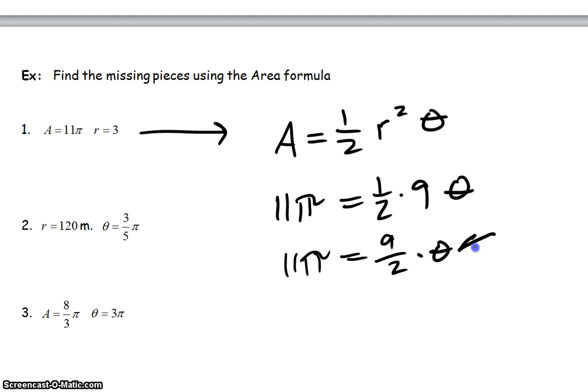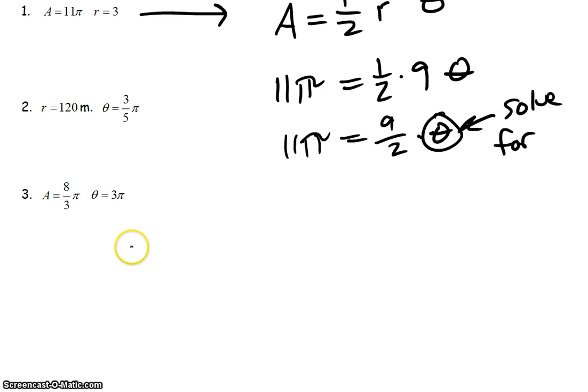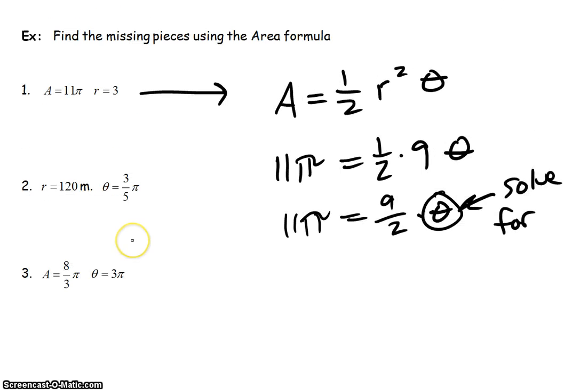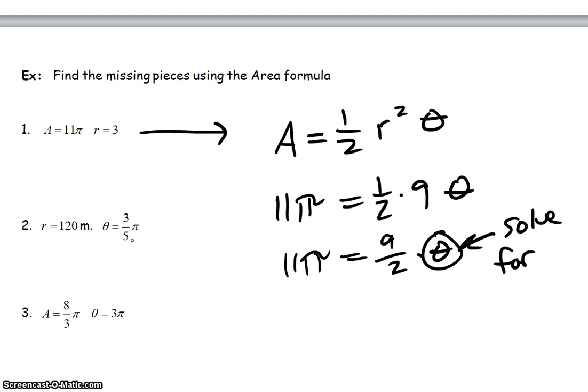Solve this for theta and figure out what theta is. The same thing is true for any one of these. Figure out what the missing variable is. Okay? So you're solving for the missing piece that you don't know. So the goal for this section is to understand area and arc length and how they are related to the radians formula that we've talked about in section 3, or section 1 from chapter 3.